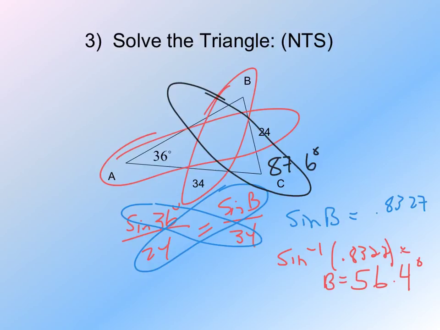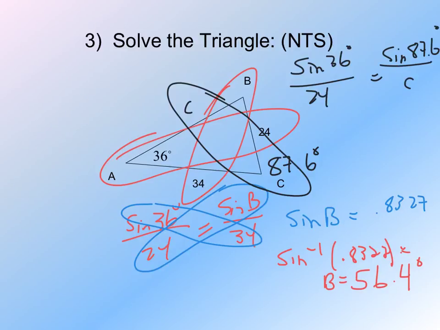And then with this idea of using the angle and the side opposite, I can solve for side C. Once again, setting up a proportion like sine 36 degrees over 24 equals sine of angle C, 87.6 over small c, and solving again by cross multiply. I'll be dividing by the sine of 36 in this one, and I get an answer of about 40.8 for the side length.